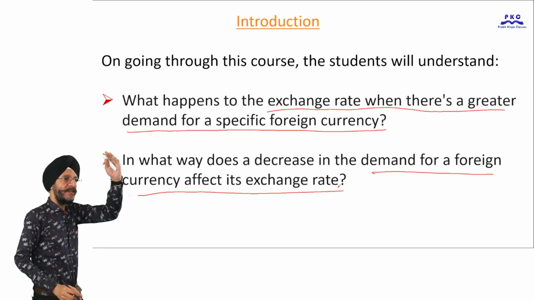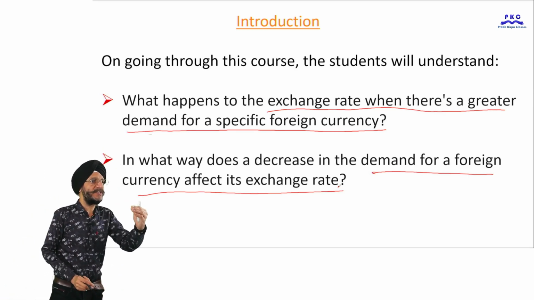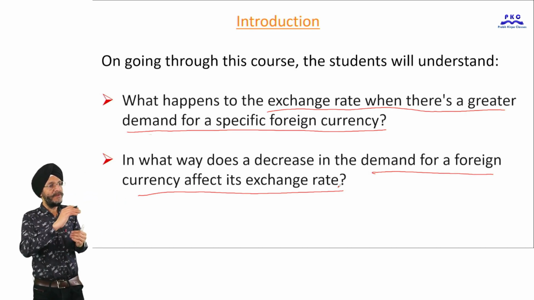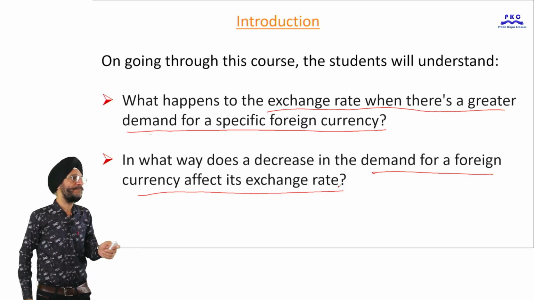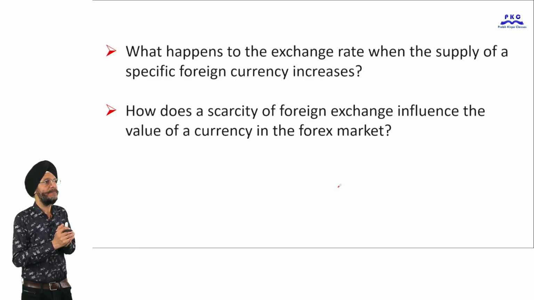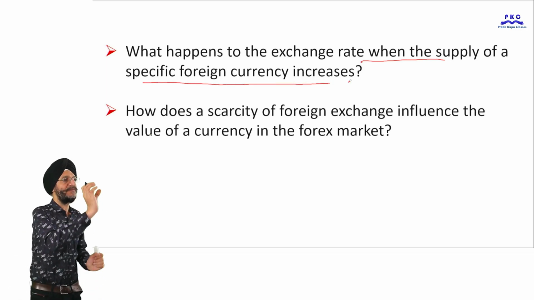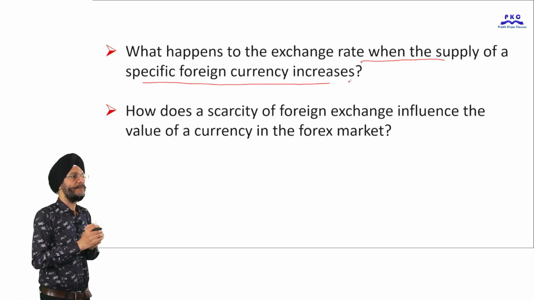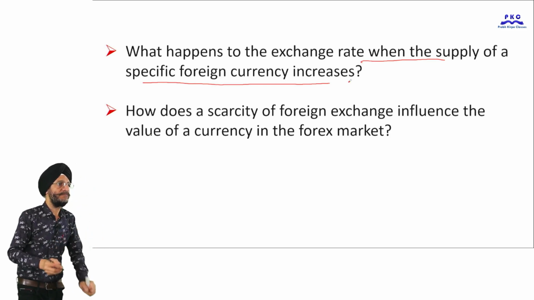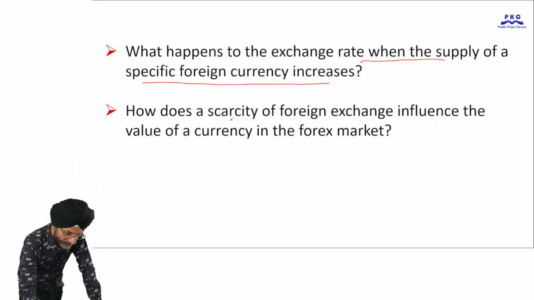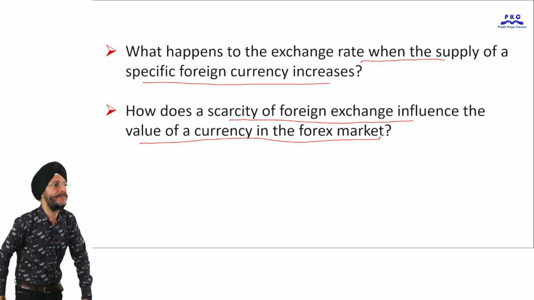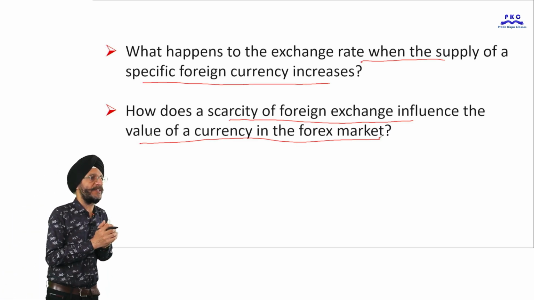That is, when the demand of a foreign currency decreases, what is the effect on exchange rate? The students will also understand what happens to the exchange rate when the supply of a specific foreign currency increases. The students will also understand how a scarcity of foreign exchange influences the value of a currency in the forex market.